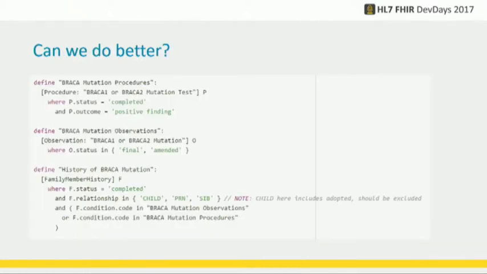One of the questions that we looked at on this HEDIS measure as we were going through it is, can we do better? HEDIS measures are based on claims data, and one of the things we're trying to figure out is how can we use clinical data to improve the quality measures that we're using.